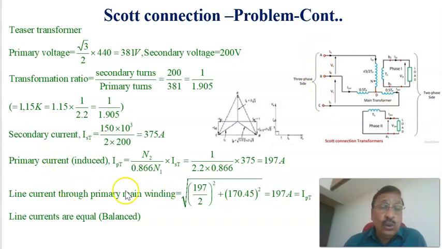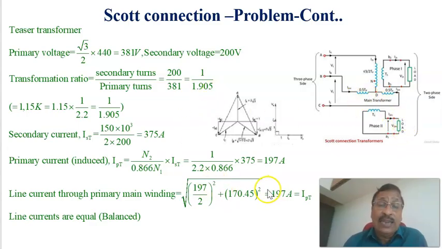And just to calculate the line current through the primary winding or main winding, the line current is equal to the square root of half of this teaser primary current, 197 divided by 2 whole square, plus the main current, that is the current because of the load current at the secondary side.